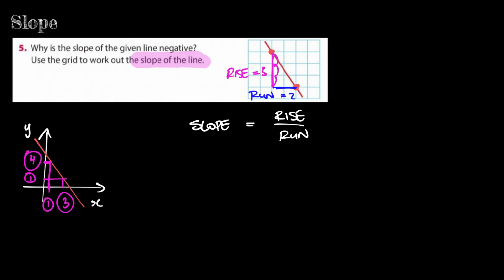So my slope will be equal to the rise, which is 3, over the run, which is 2. Now, we have to be very, very careful here. That represents the slope. But what did we say about the slope? We said the slope was negative, because it slopes from left to right. So I need to make sure that I put in my negative sign there in front of it. So my final answer there, the slope of the line will be equal to negative 3 over 2.